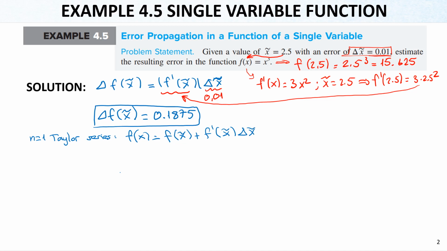And we know that the entire multiplication of this is 0.1875, and f(x tilde) we calculated already, 15.625.